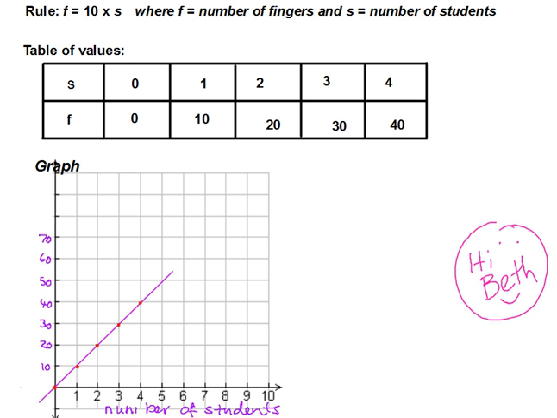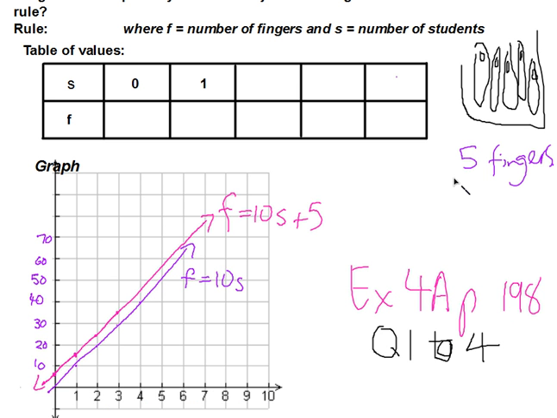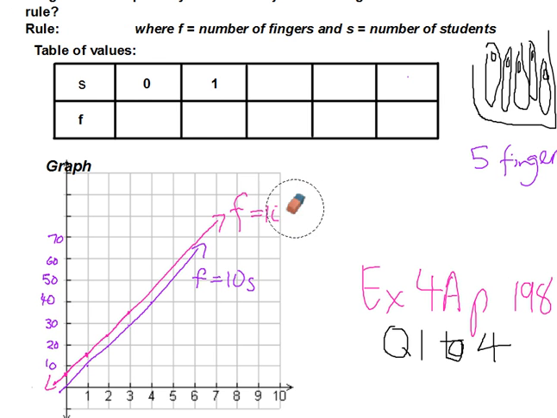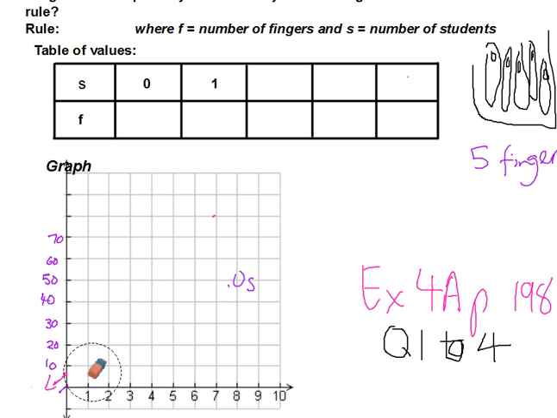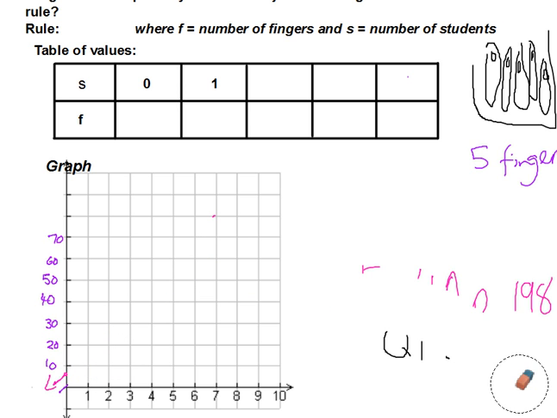Alright, what would happen if I introduced a jar of fingers into my room? Say I'm a mad science teacher and I keep in my science room a jar of fingers, and don't ask questions about where I got them from.